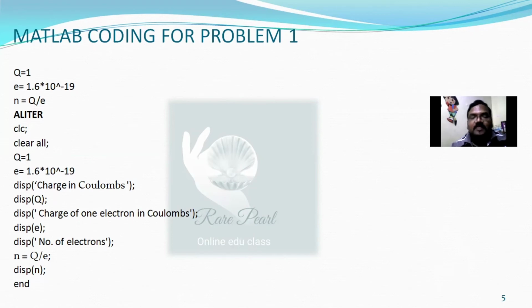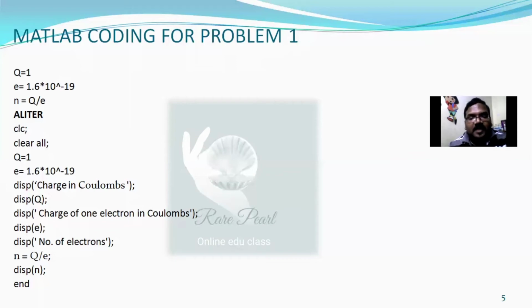See the difference. If you want to display the value, then you have to write the parameter's notation within the brackets of disp, Q or E, whatever it is. And if you want to display a string or a word, then we should use quotes.